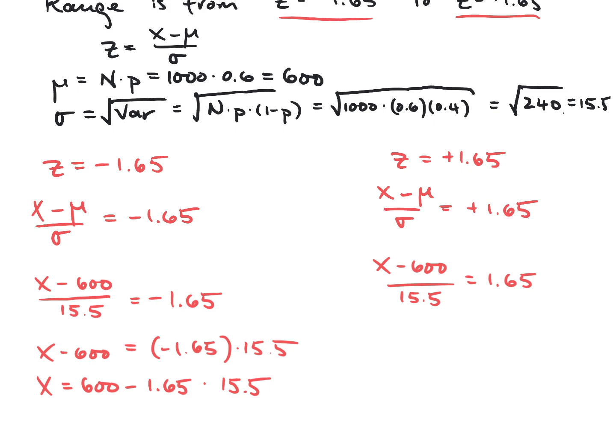So x minus 600 equals 1.65 times 15.5. Final step, add 600 to both sides. X equals 600 plus 1.65 times 15.5.